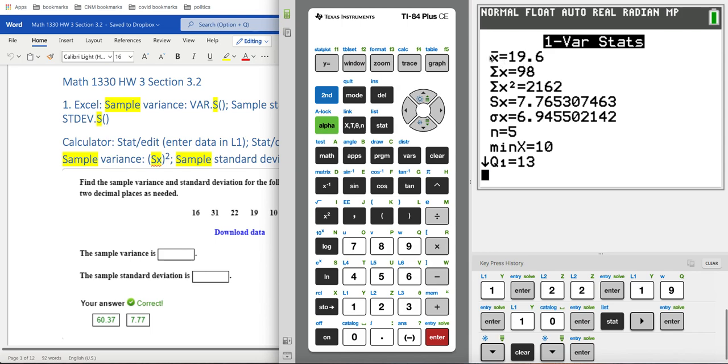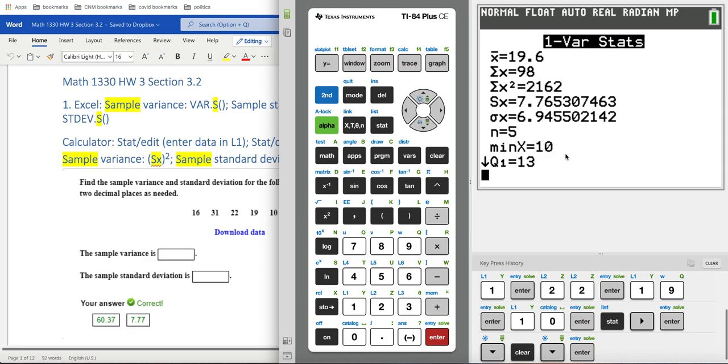And so top one, X bar, is going to be the mean. And then we've got SX and sigma X, so that depends on whether it asks for sample standard deviation or population standard deviation. So for sample, you're going to use the number with SX. For population, it's sigma X.